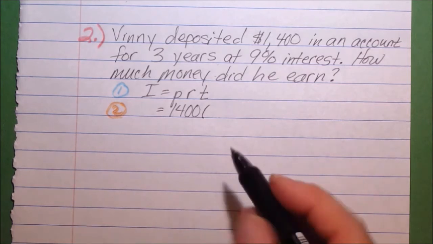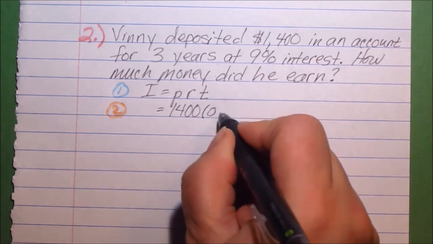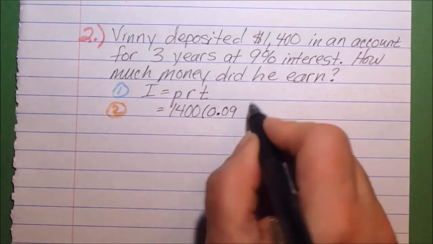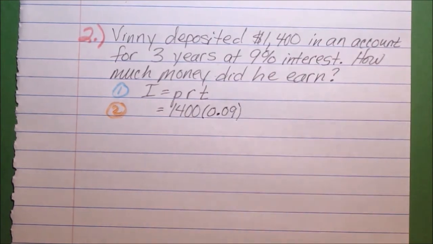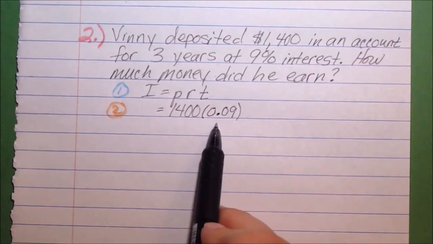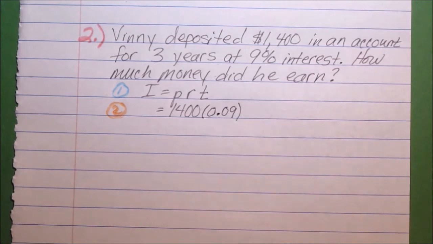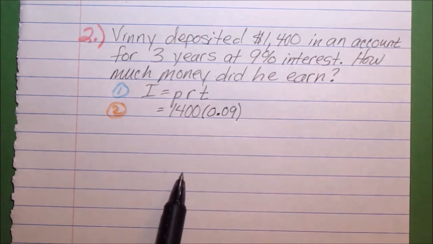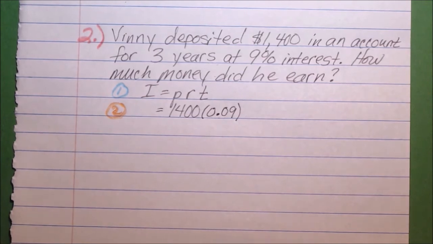So the decimal equivalent of 9% is 0 and 9 100ths. So 0.09 is the decimal equivalent of 9%. That conversion you must make every time you use this formula. You cannot just put 9 in there. That is not the correct math. That percentage has to be converted to a decimal.